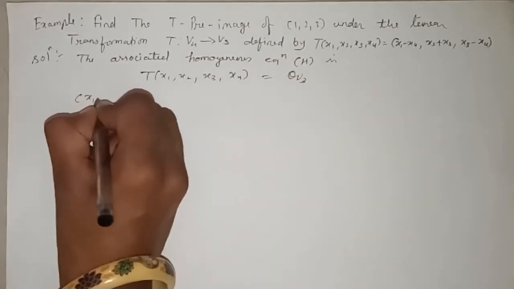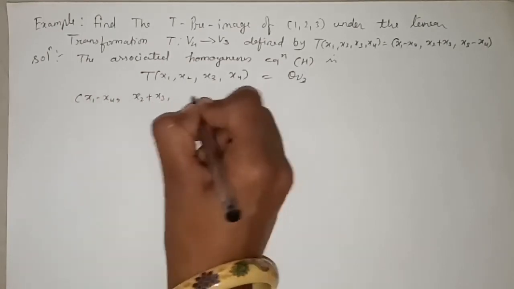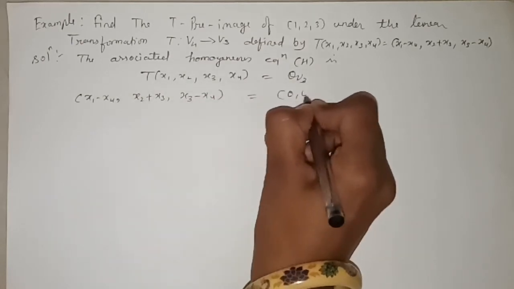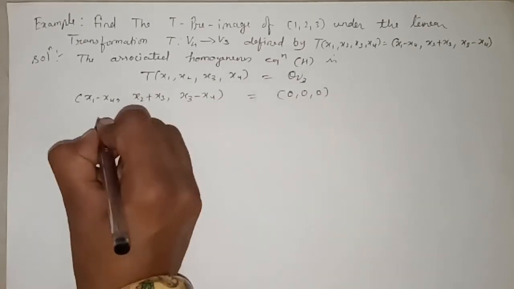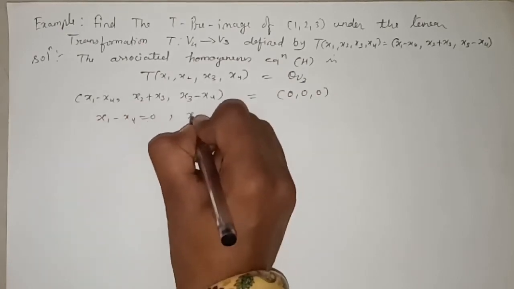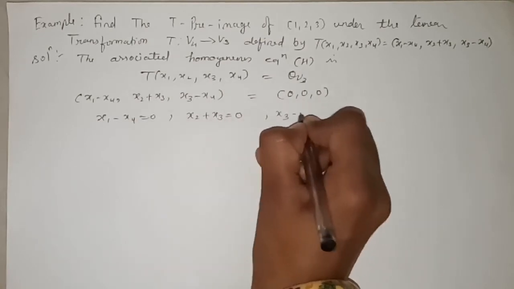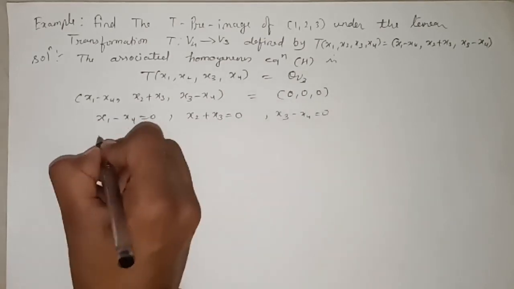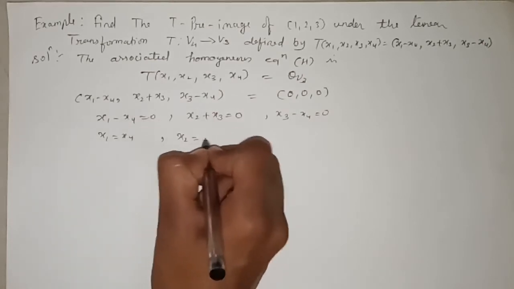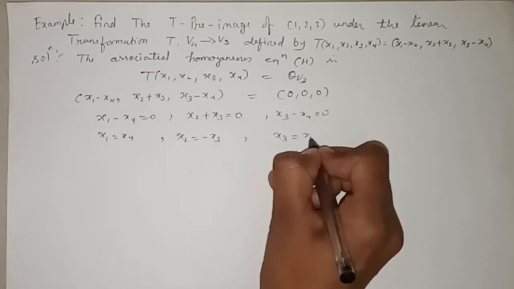So this is (x1 minus x4, x2 plus x3, x3 minus x4) equals (0, 0, 0). Therefore x1 minus x4 is equal to 0, x2 plus x3 is equal to 0, x3 minus x4 is equal to 0. This implies x1 is equal to x4, x2 is equal to minus x3, and x3 is equal to x4.